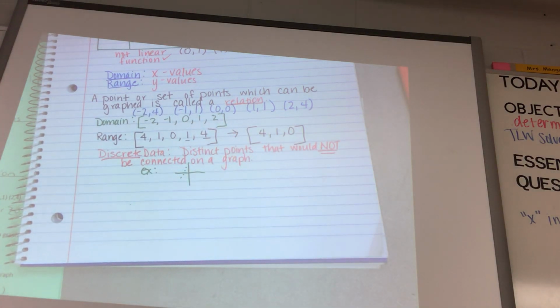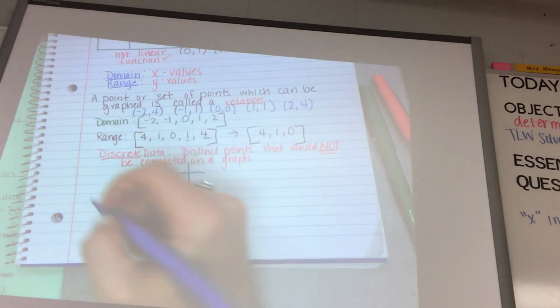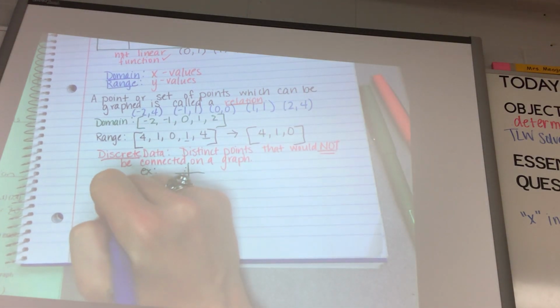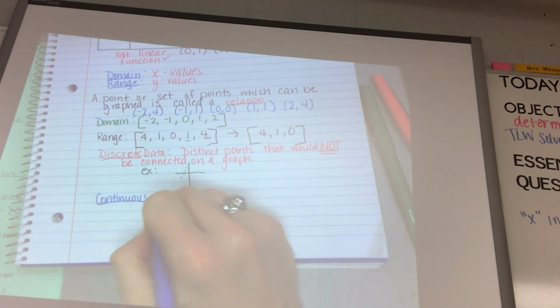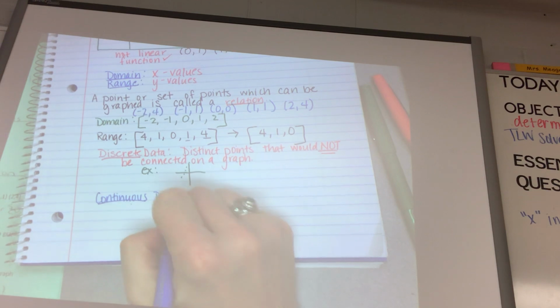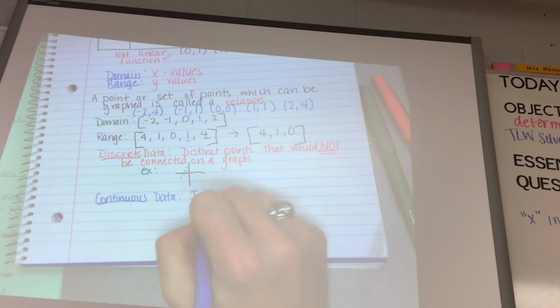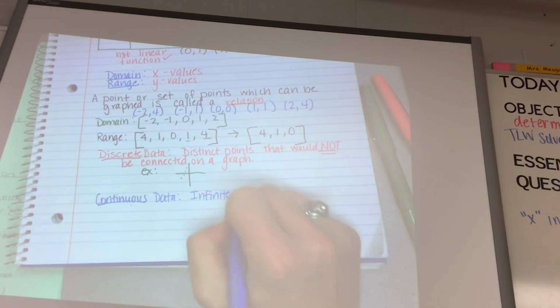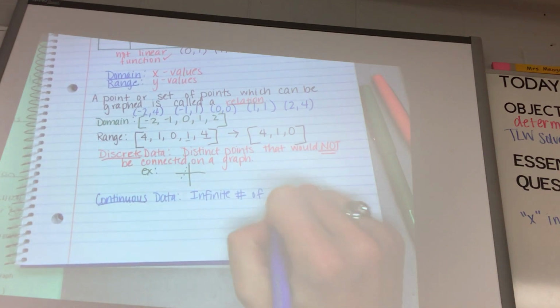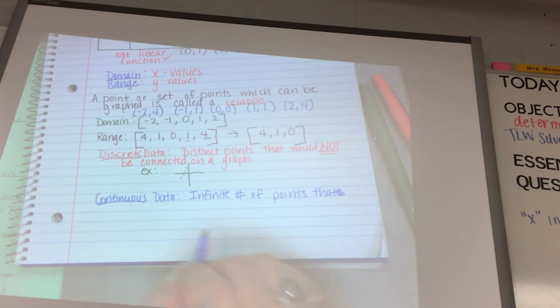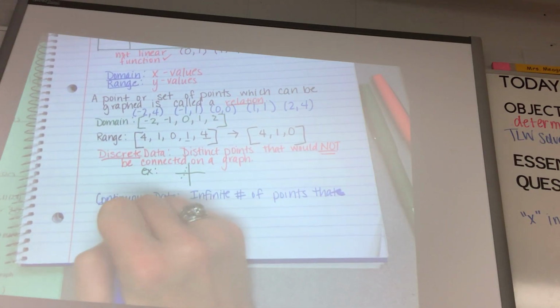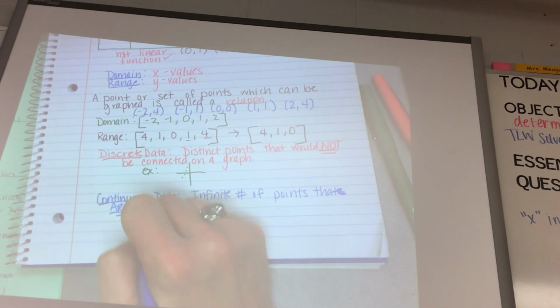Continuous is the opposite. Continuous data is an infinite number of points that are connected on a graph.